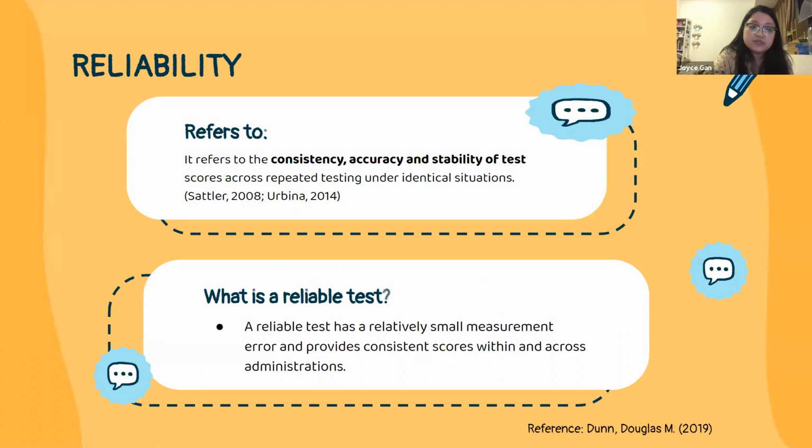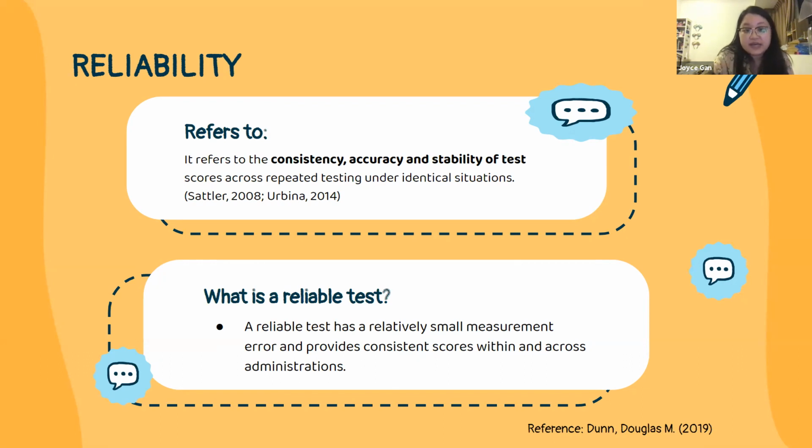Reliability refers to the consistency, accuracy, and stability of test scores across repeated testing under identical situations, according to Salkind and Urbina. Although this theoretical situation can never be attained absolutely, various estimates of reliability can be obtained in practice. The difference between an individual's hypothetical true score and the obtained score is called the measurement error.